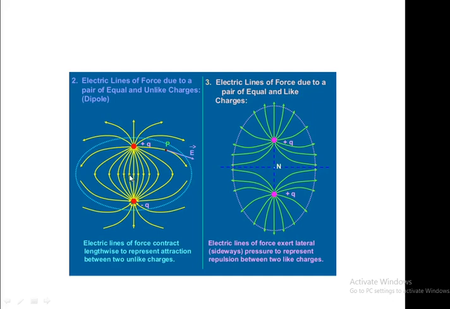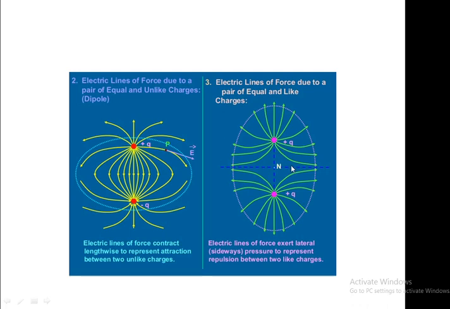Here you see the distance between electric field lines becomes narrower and narrower when we approach towards the center. Here the distance between electric field lines is larger. When we go towards the center, it reduces. This is the property of electric field lines due to two unlike charges, plus q and minus q. Electric field lines contract lengthwise due to the attraction.